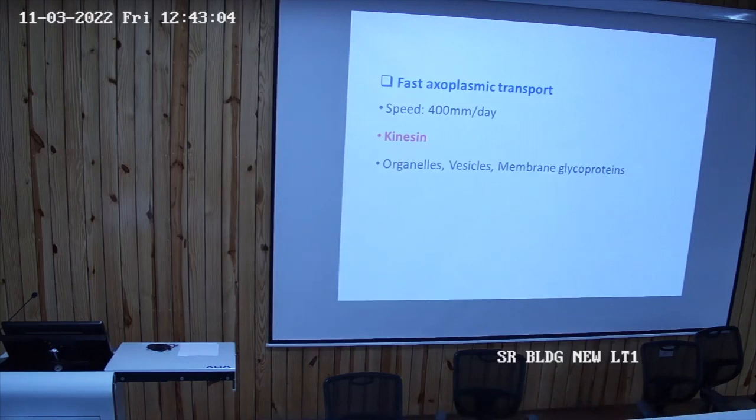So the vesicles in which neurotransmitters are accumulated, these vesicles have protein. Which neurotransmitter is usually there at the neuromuscular junction? Acetylcholine. This acetylcholine is accumulated in a packet. Those packets are called the vesicles.